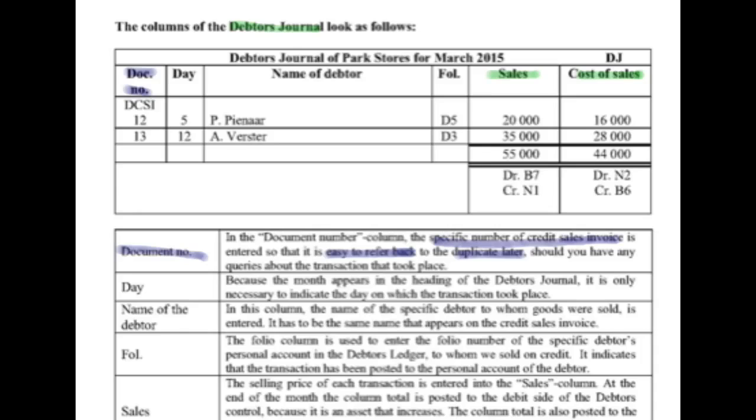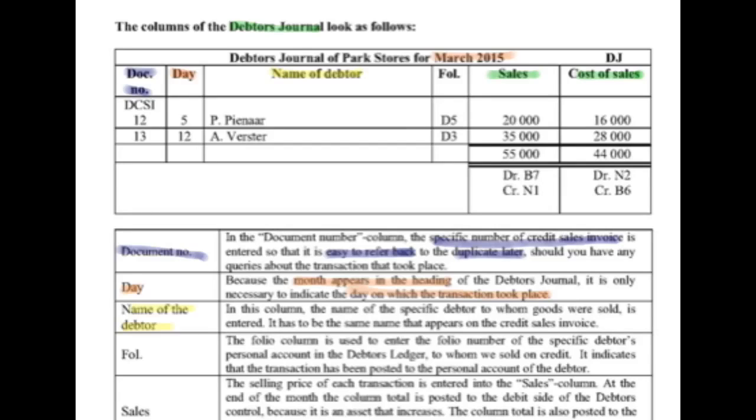Our next column is the day column. Because the month appears in the heading of the debtors journal, it is only necessary to indicate the day on which the transaction took place. Our third column is the name of the debtor.